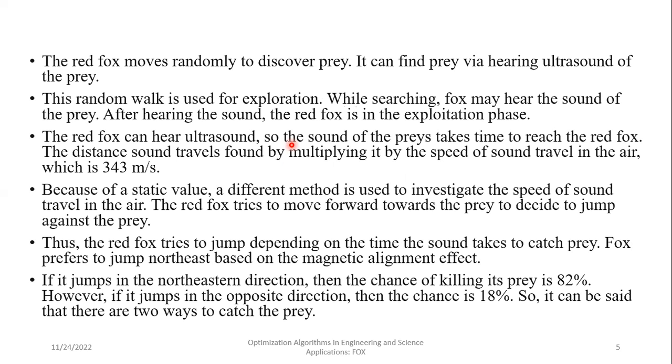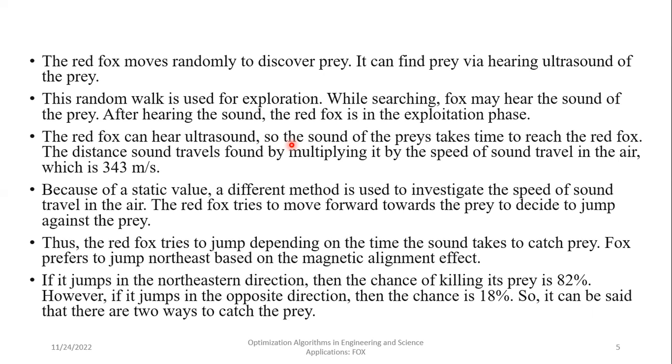This random walk is mainly utilized for global search or exploration. While searching, the fox might hear the sound of the prey. After hearing the sound of the prey, we can say that the fox is in the exploitation phase, which is a local search.